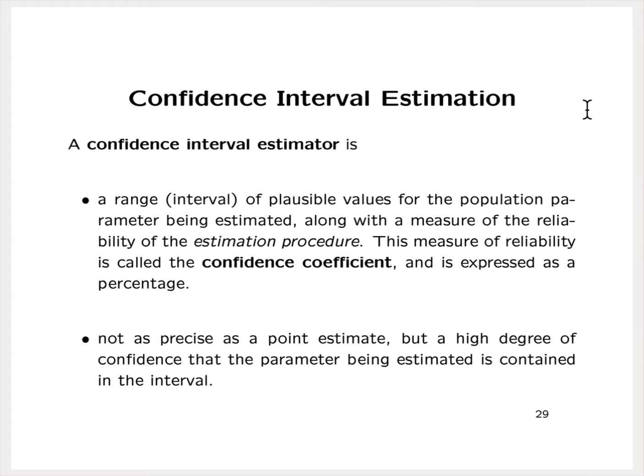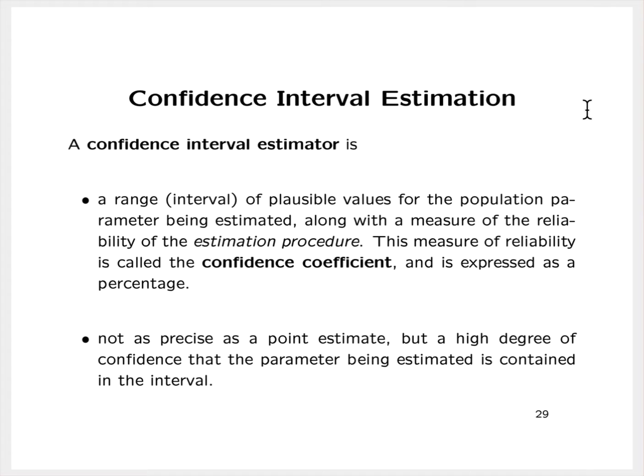Now, in addition to point estimation, we also have confidence interval estimation. A confidence interval estimator is a range or interval of plausible values for the population parameter being estimated, along with a measure of the reliability of the estimation procedure itself.